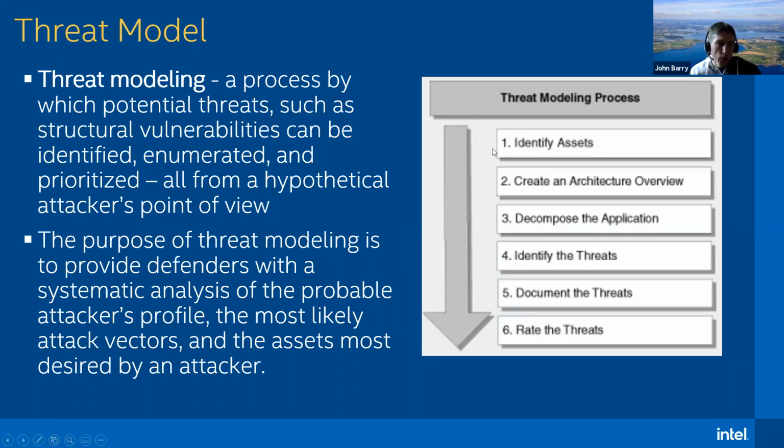The first thing is to identify the assets you have, and identify the value of those assets, so that you understand what you're up against, and which assets are specific to a particular system.